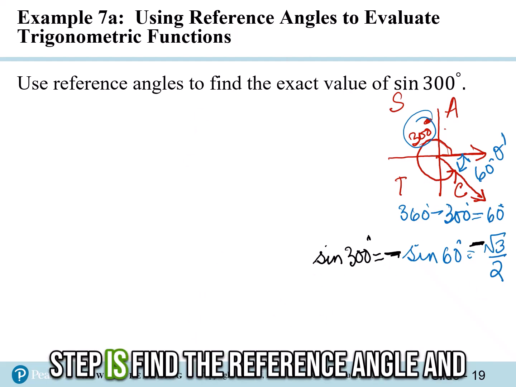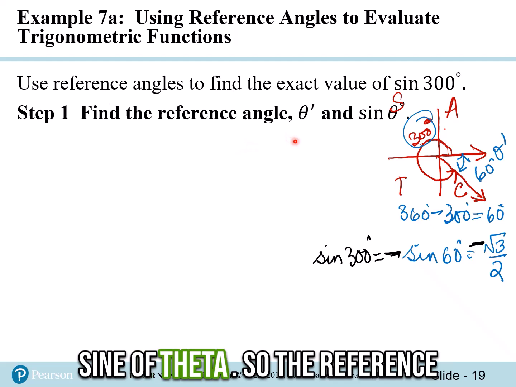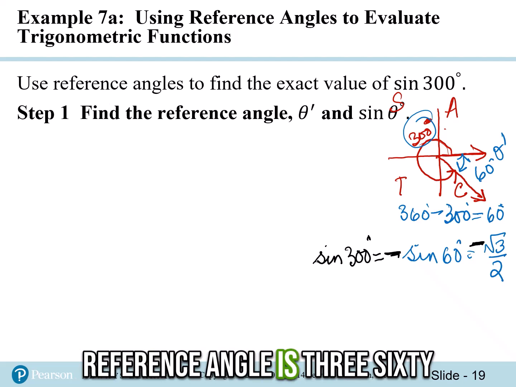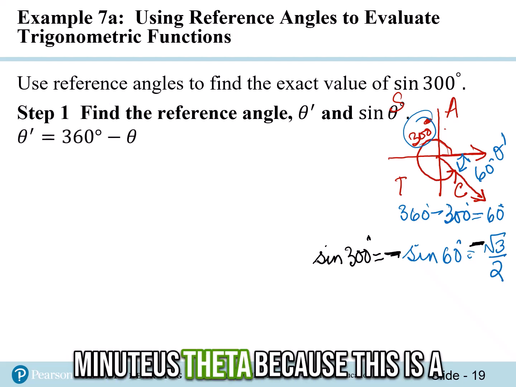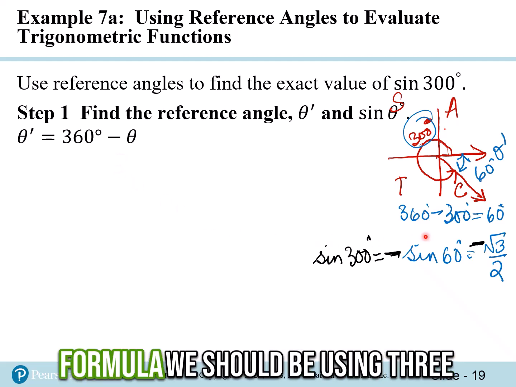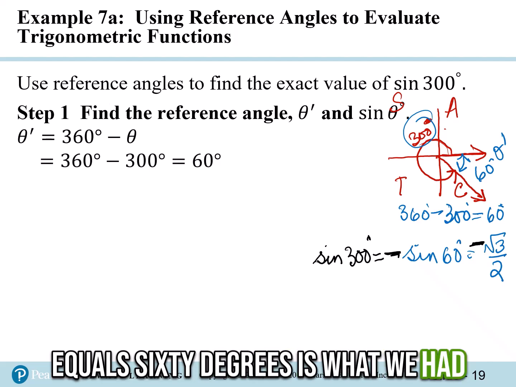So first step is find the reference angle and sine of theta. So the reference angle is going to be 60 degrees. So reference angle is 360 minus theta because this is a fourth quadrant angle. That's the formula we should be using. 360 minus 300 equals 60 degrees is what we had done here.